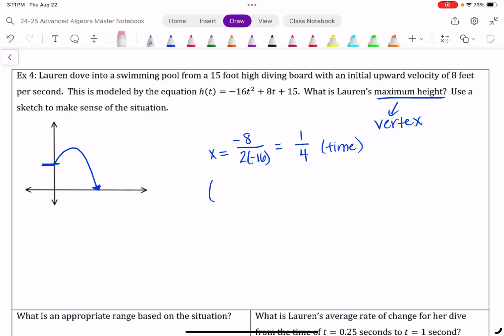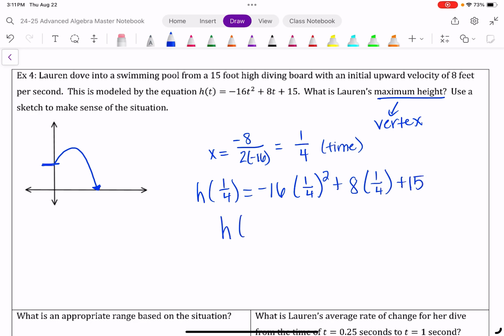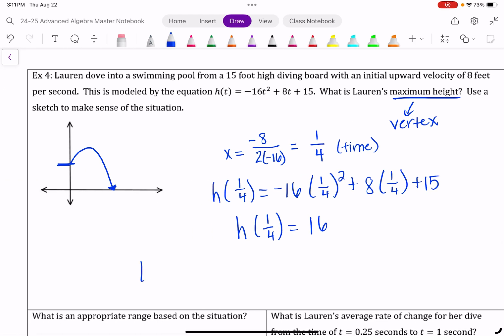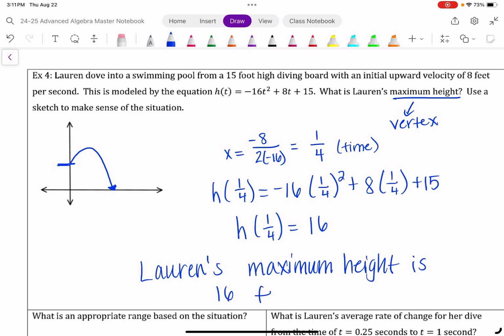Sorry, it's not f this time, it's h. h of 1/4 equals negative 16 times (1/4) squared plus 8 times 1/4 plus 15. h of 1/4 is equal to 16. That means Lauren's maximum height is 16 feet. So that means that point right there is (1/4, 16).